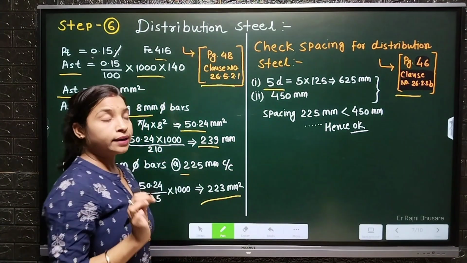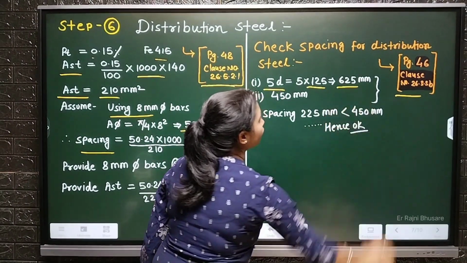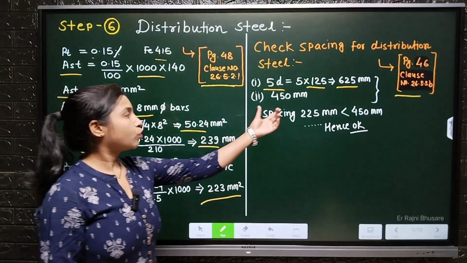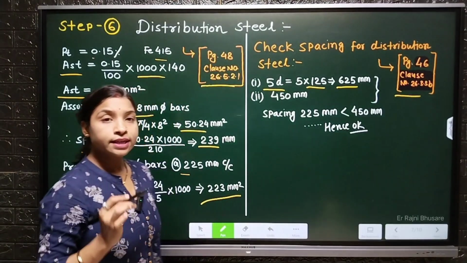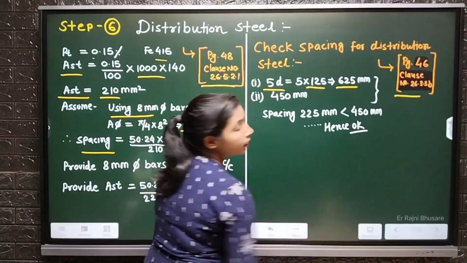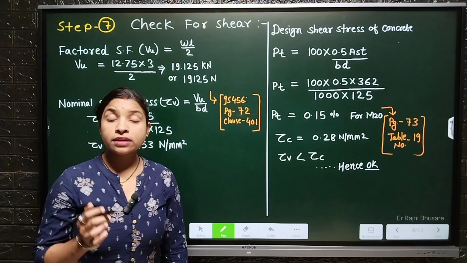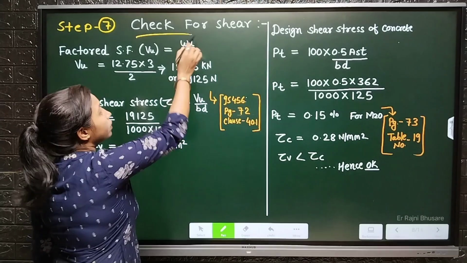We have calculated d as 125, so here the spacing is 625 mm, and second is 450 mm. Now we can say that our spacing of 225 mm is less than 450 mm, so hence okay.